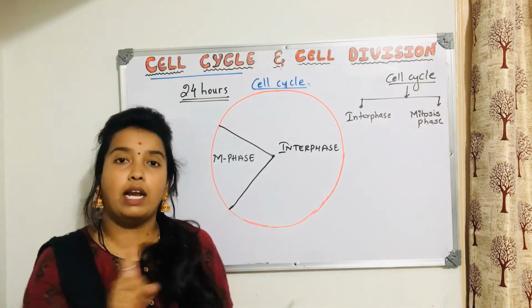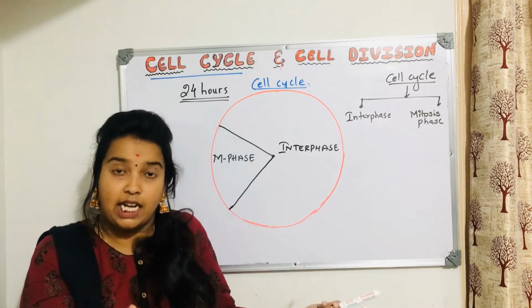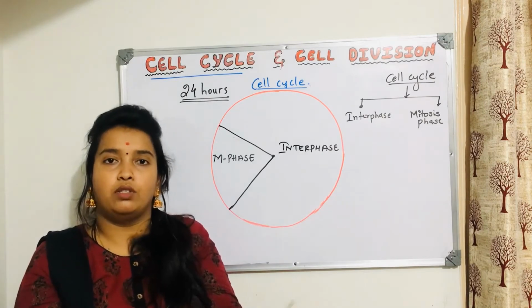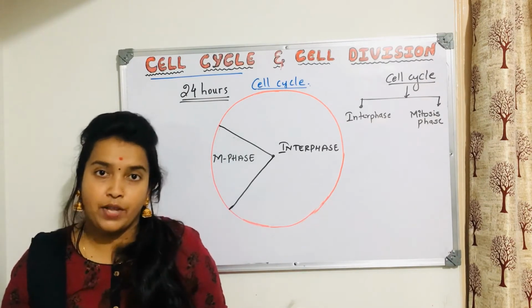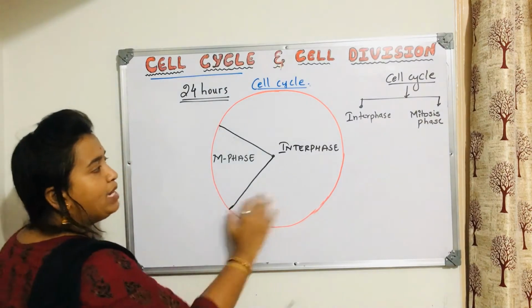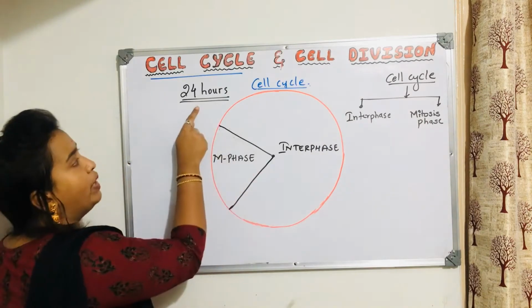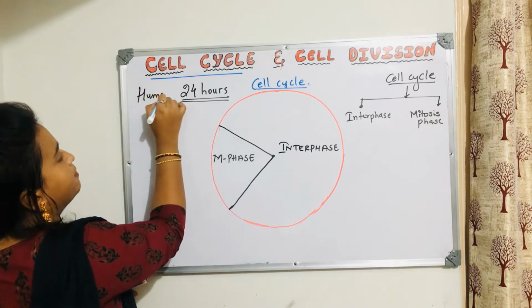That means to grow, synthesize the DNA, grow again and then divide, this complete cycle takes 24 hours in humans.